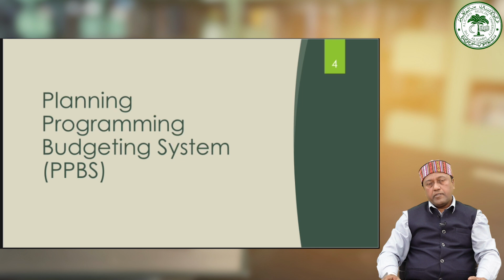Basically, two words are more important here: planning, programming. It means you are trying to club these two things. You have to plan all the programs, and you have to be very careful when you are enlisting and suggesting them.